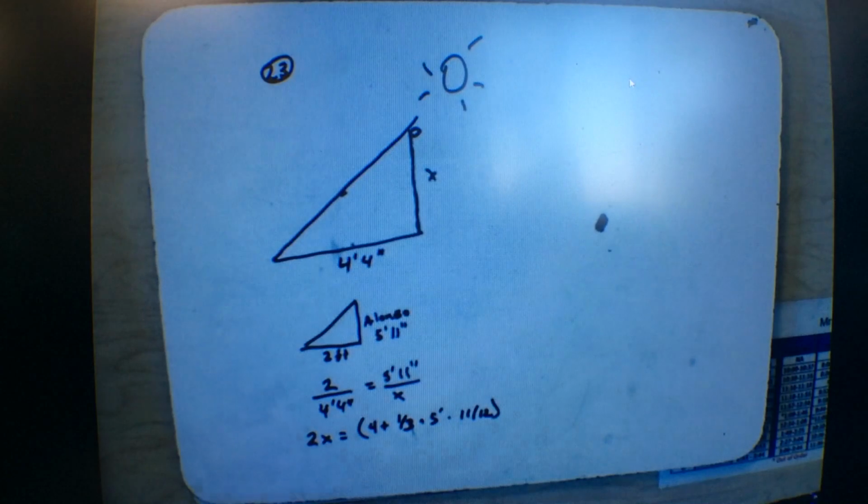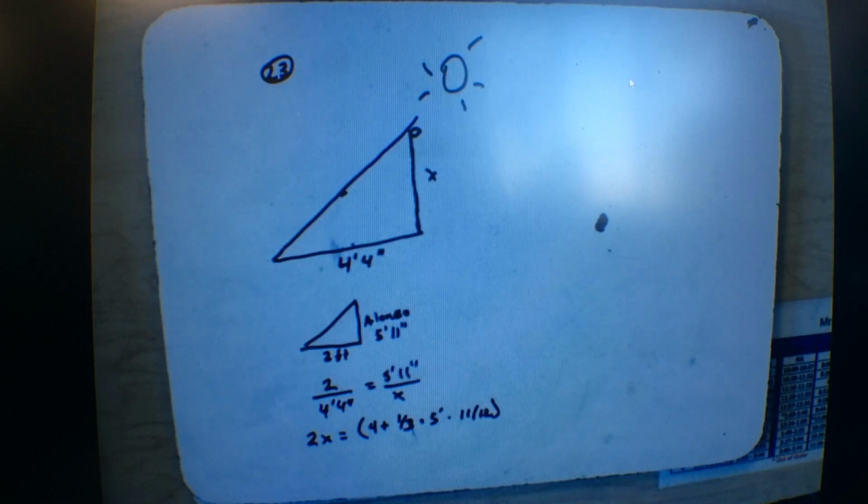So I'm going to use a different calculator on that, I think. Yep. So looking at that, let me get that value here, 4 plus 1 divided by 3 times 5 plus 11 divided by 12.